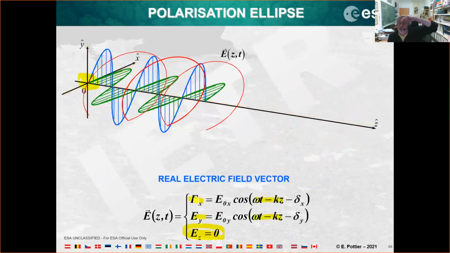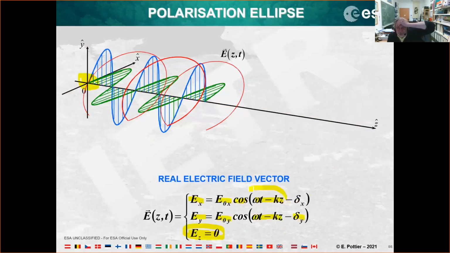Yeah, you see you have the horizontal component, Ex equals the magnitude times the sinusoidal component, omega t minus kz minus delta x, so this is the phase. And on the y component, you have exactly the same thing, except that it is another amplitude and another phase.